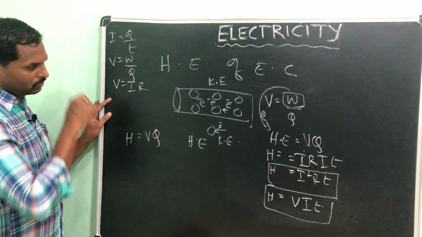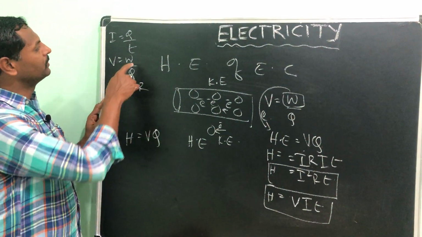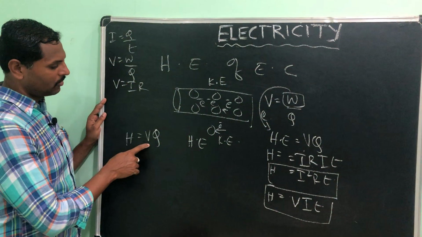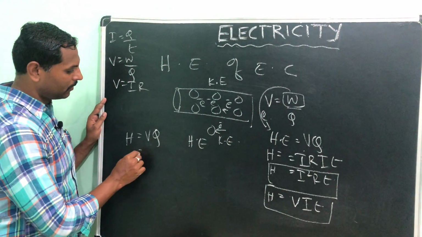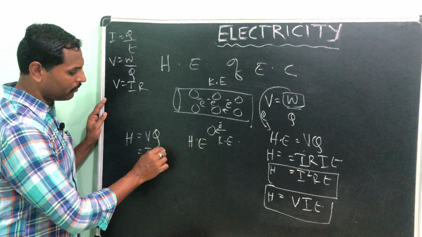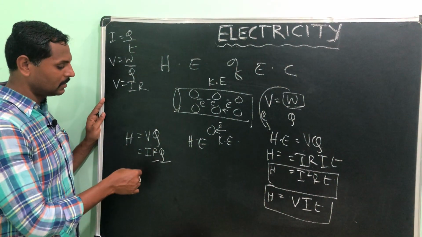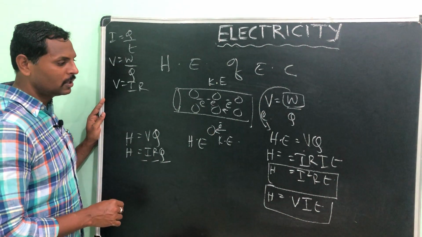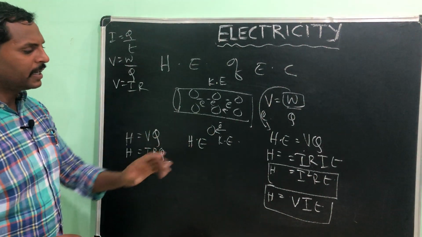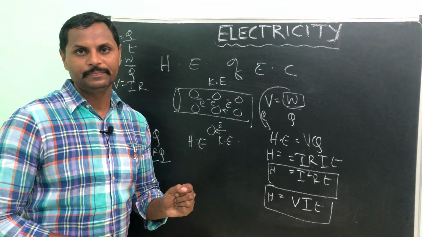In that you can substitute Q, already we have substituted, that is Q is equal to I into T. Instead of V you can substitute, that is I into R, IRQ. Okay. If they are given with the charge and resistance and current, then you can find out the heat energy. Understood? So, these are all the three major formulas for the heat energy.